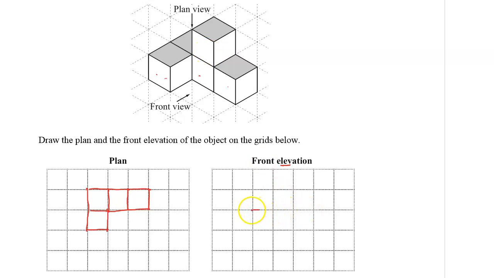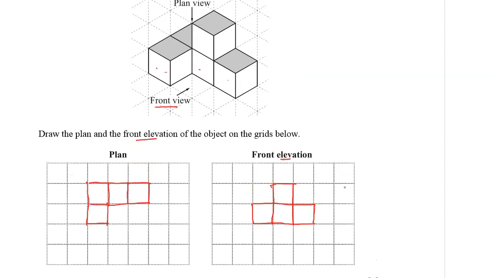This is the front view, the front elevation. It will be like this, and then the one at the top, right there. So it looks like that. That's what you need to draw.